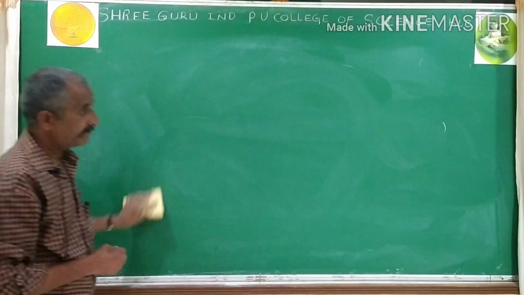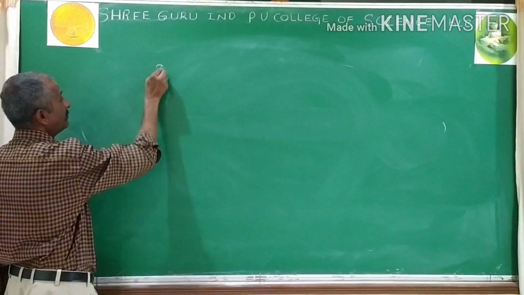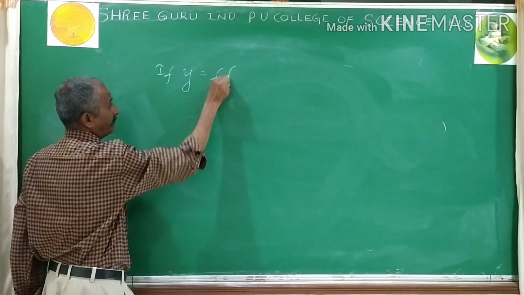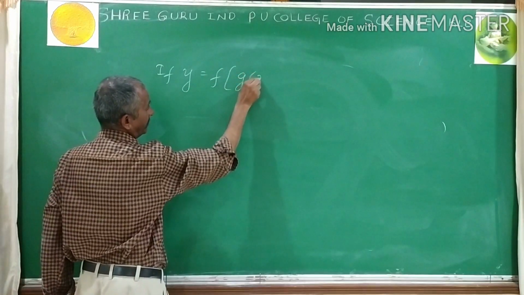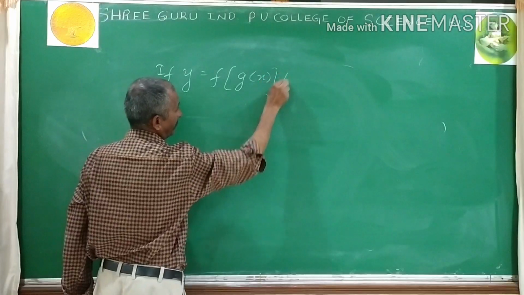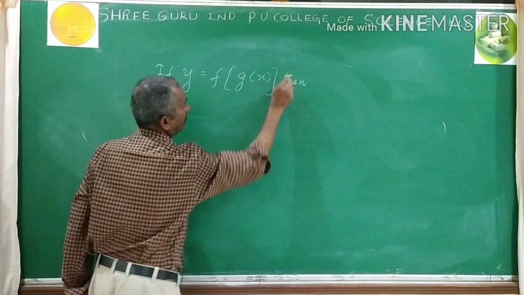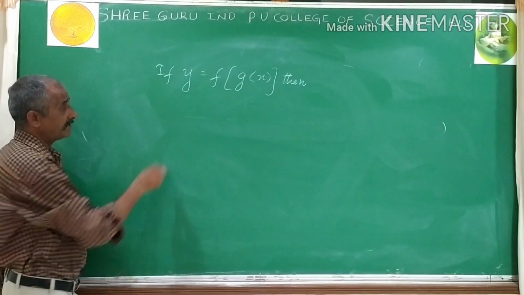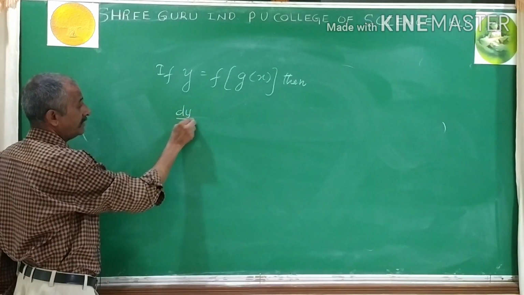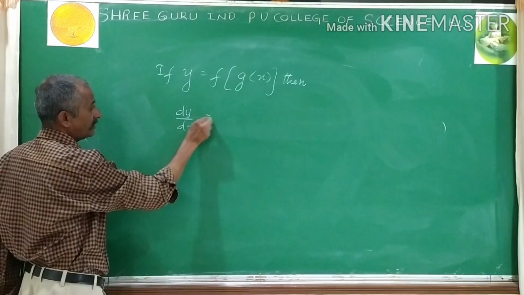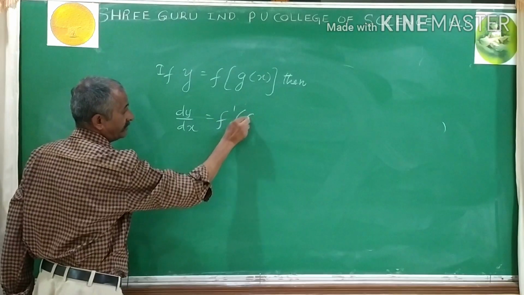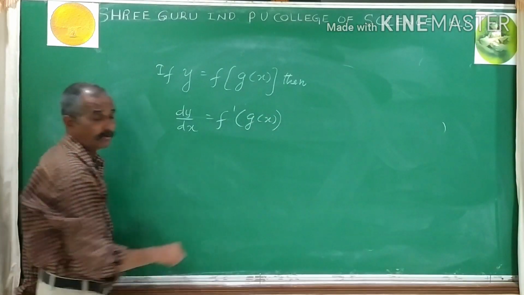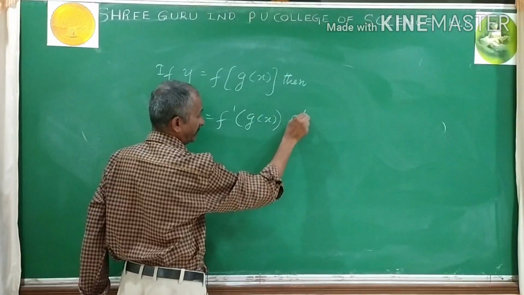The formula is that for composite functions, if y equals f of g of x, then dy by dx will be equal to f dash of g of x, not only f dash of g of x, followed by g dash of x.